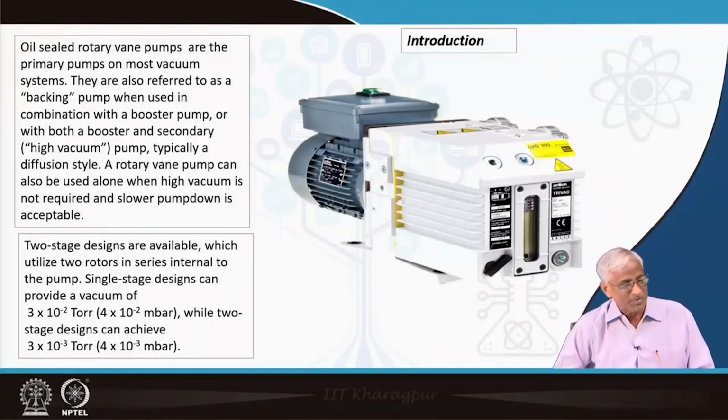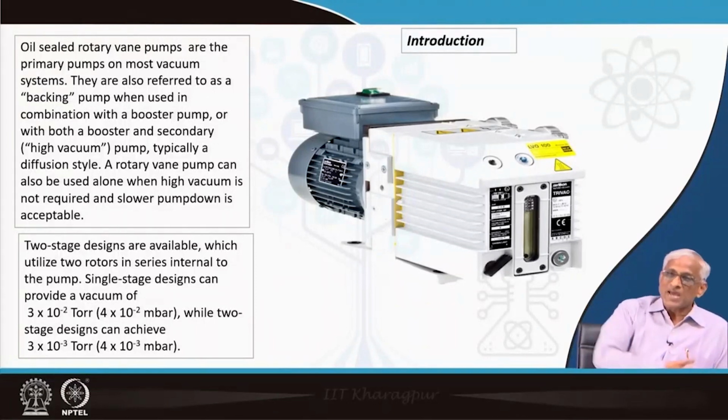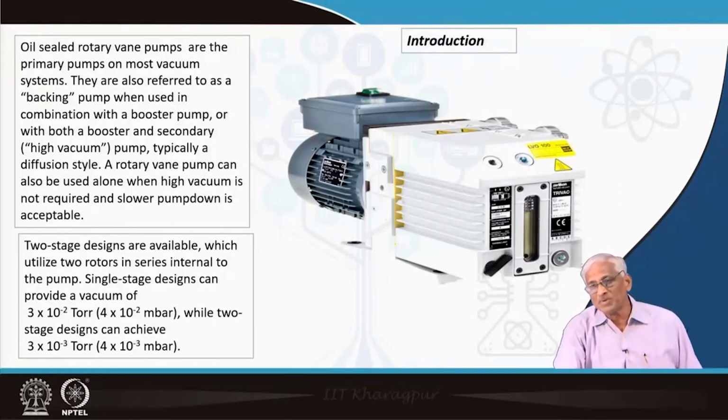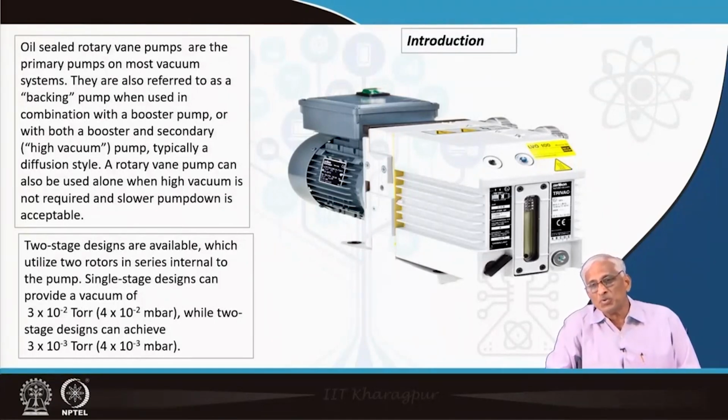So, this is the typical pump. This can be used as a main process pump to produce vacuum, or it can be used as a backing pump to some other high vacuum pump, because this pump cannot produce the 10 power minus 5 or minus 6 torr required for X-ray tube or electronic industry or space or nuclear.